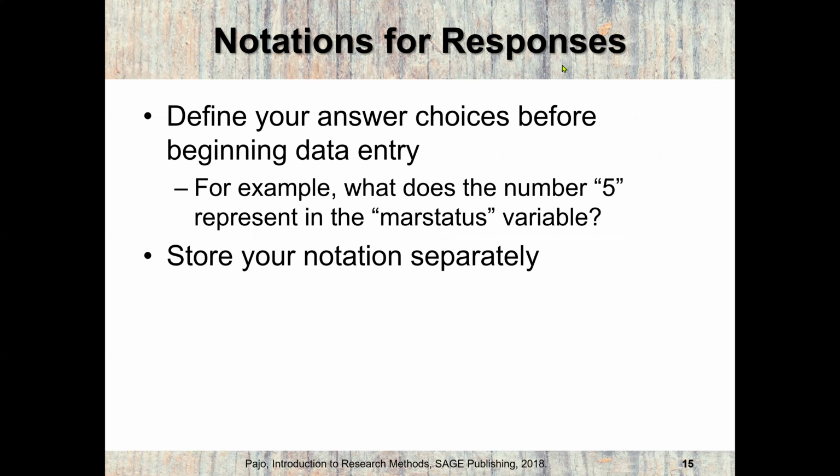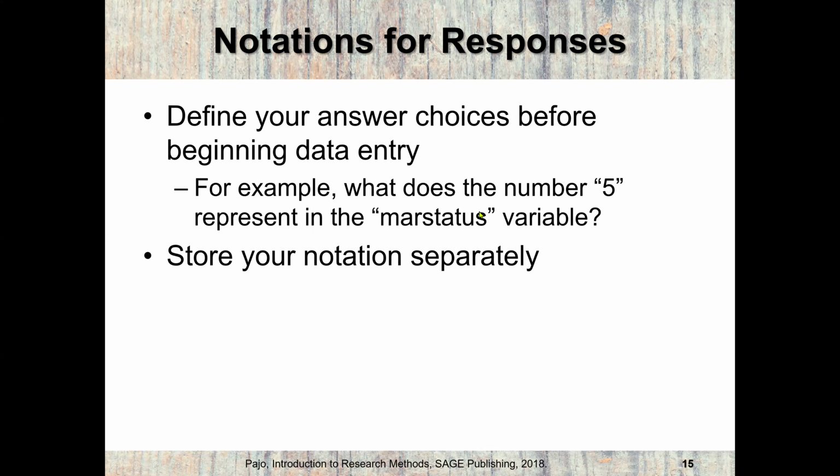Also, notations for responses. We need to define our answer choices before beginning the data entry. For example, what does the number 5 represent in, let's say, a marital status variable? Maybe 5 represents divorced, or married, or single, etc. So we need the notations for all the responses.